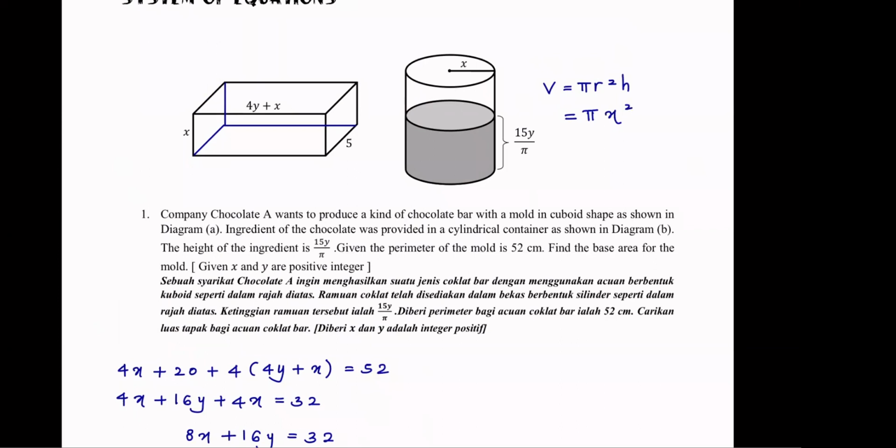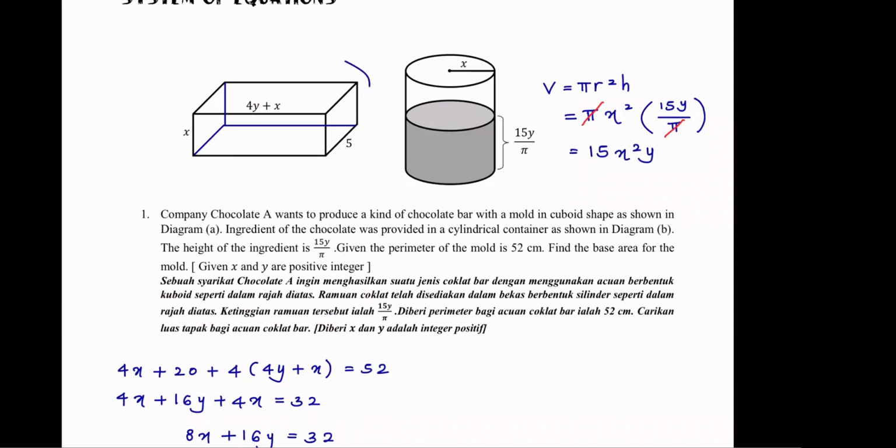The height is 15 over pi. So cancel the pi and pi. So your volume is going to be 15 x square y. Got it?